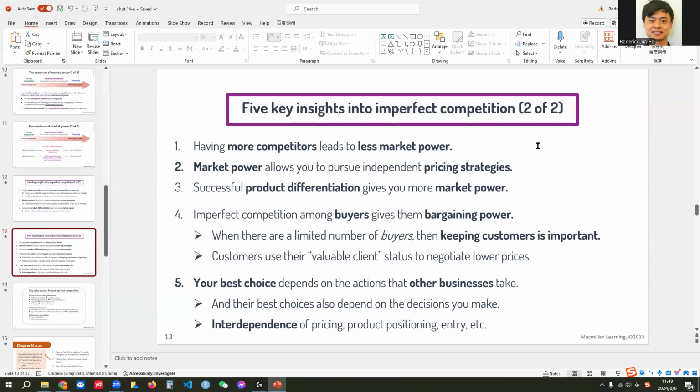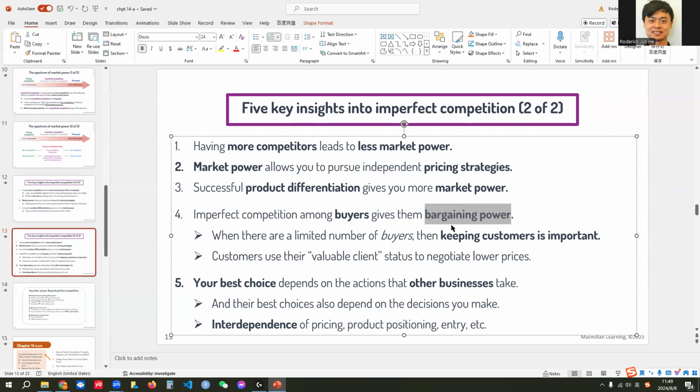When there are a limited number of buyers, then keeping consumers is important. Consumers use their valuable client status to negotiate lower prices as well. Okay. So basically, the idea of bargaining power works both ways.